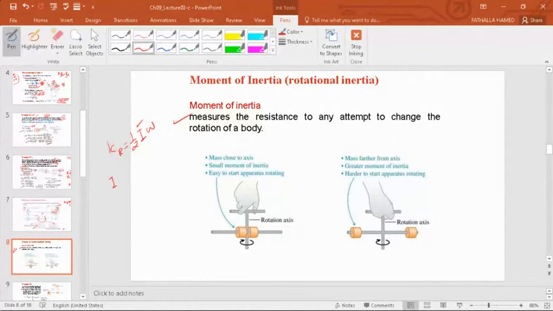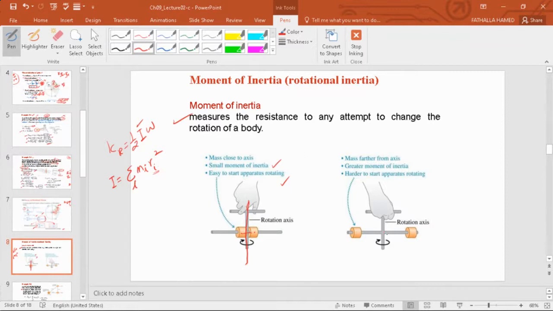We define the moment of inertia as the summation over i of m_i r_i squared. Look at the situation here. This is your axis of rotation. This is the mass. You can measure how far it is from the axis on both sides, and then calculate. When they're very close, r is small. So you basically have a small moment of inertia, and if you rotate with a small moment of inertia, you need small energy. So it becomes easy to rotate.